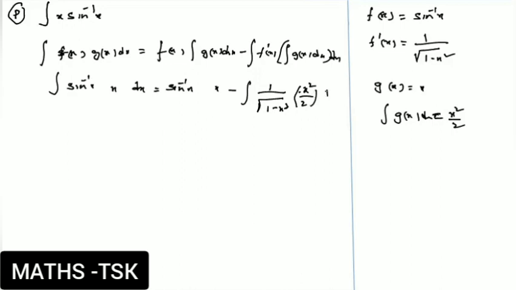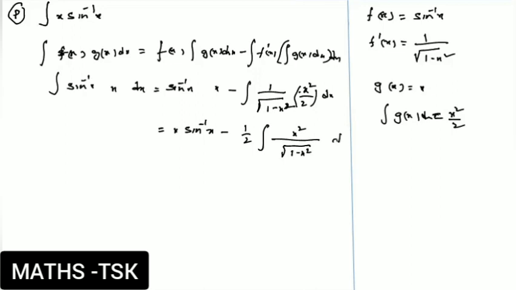In the first integration, we have discussed how to integrate x by root of 1 minus x square and x cubed by root of 1 minus x square. So, since we know it, it is x sine inverse of x minus 1 by 2 into integration of x square by root of 1 minus x square.